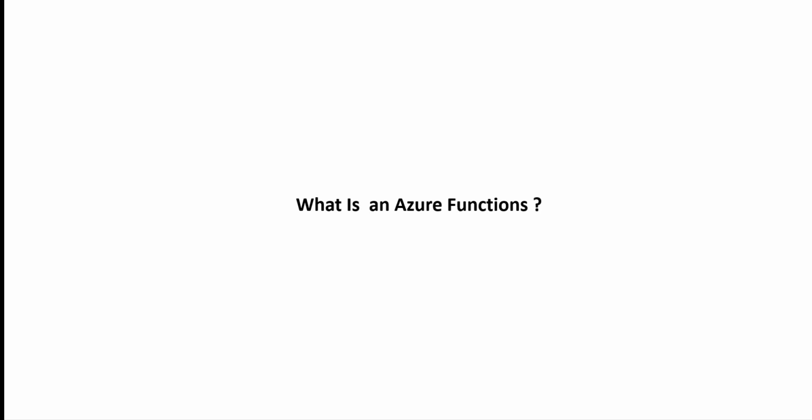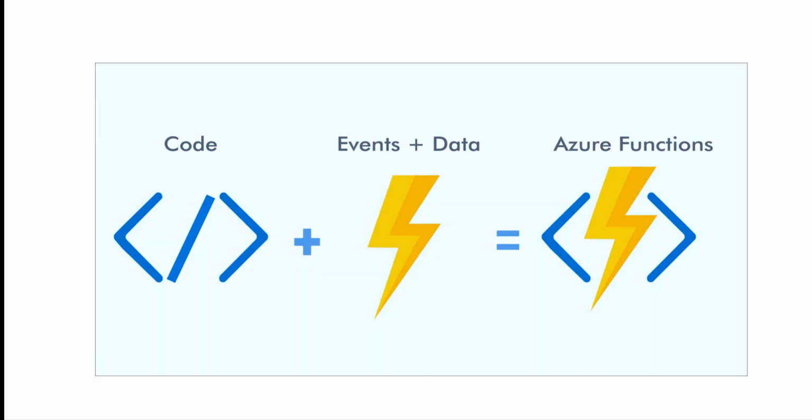To build the app themselves, the developer can use their own choice of programming language, giving them the freedom to work optimally. Here, as you see in this schema, we have code that composes the elements of the Azure Function with event and data.